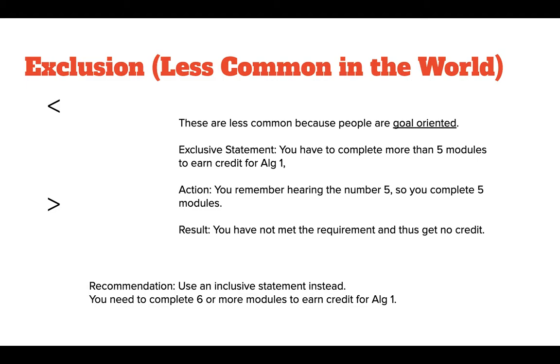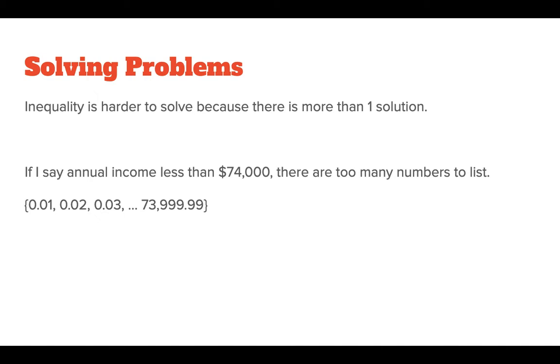Because you're going to remember whatever number I say, that's what you're really trying to remember long term. So it's best in the real world to use the inclusive statement so that the person can just remember the number you said.